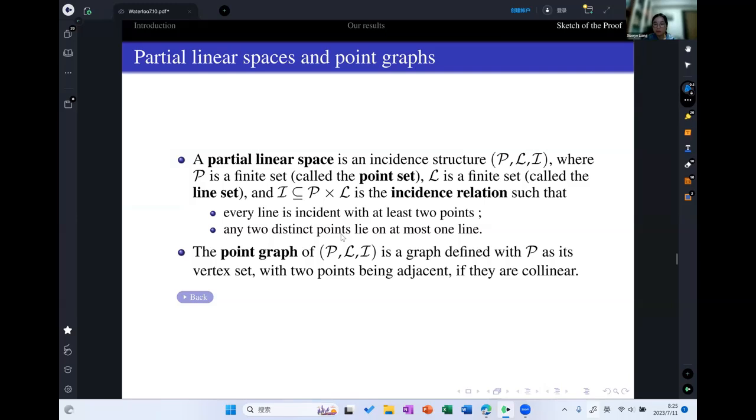And the point graph of a partial linear space is a graph with P as its vertex set, and two points are adjacent if they are collinear.